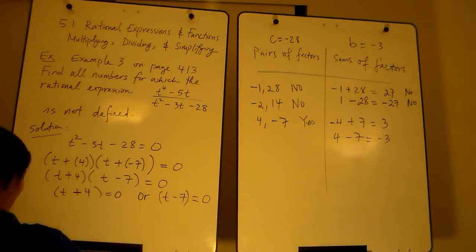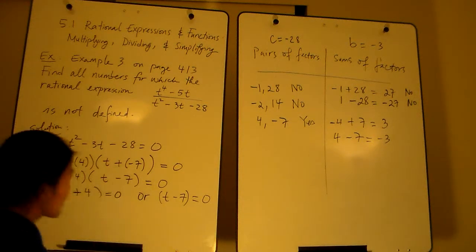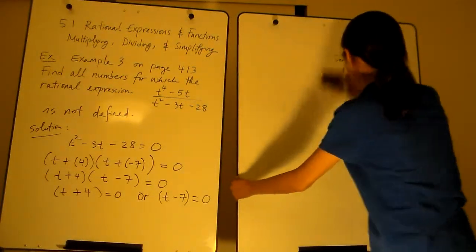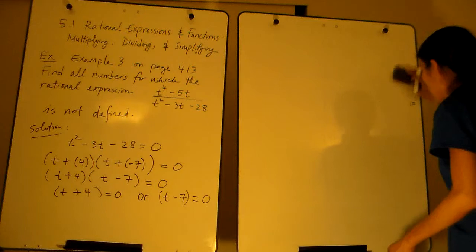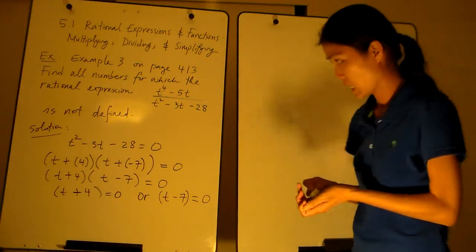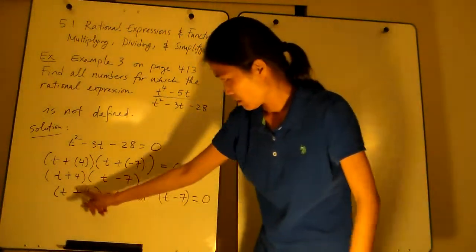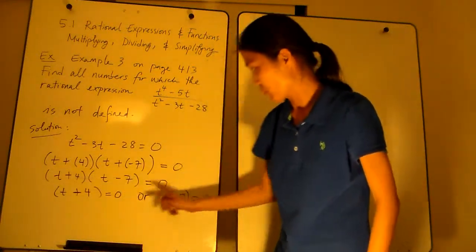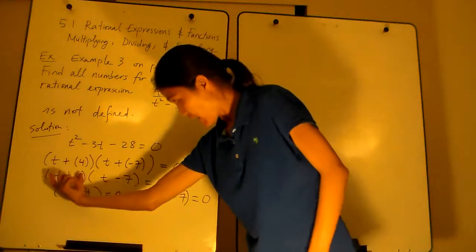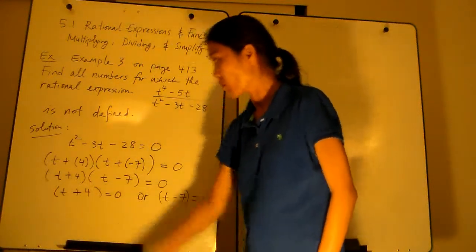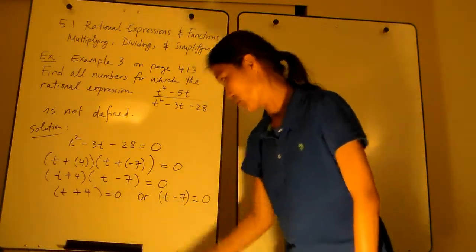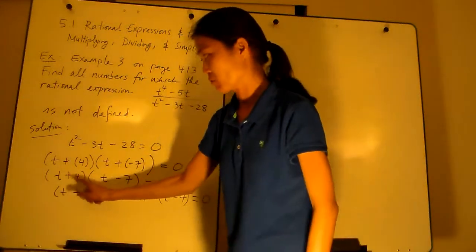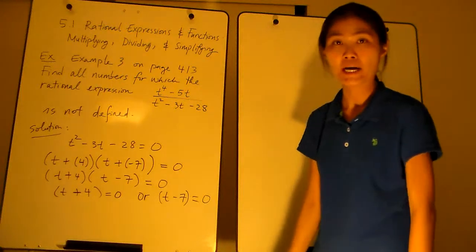So I'm solving this. Let me erase this slide. The factored denominator right here will equal 0 if this factor, t plus 4, equals 0, or this second factor right here equals 0, right? Think about it: if the first factor, t plus 4, equals 0, 0 times anything equals 0, right?